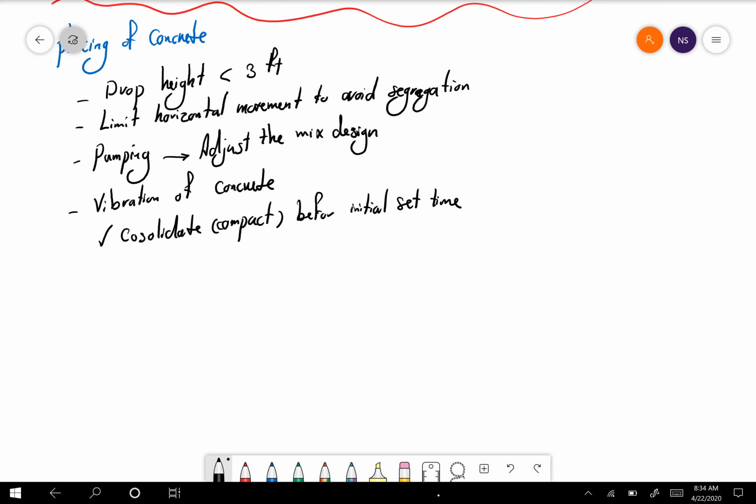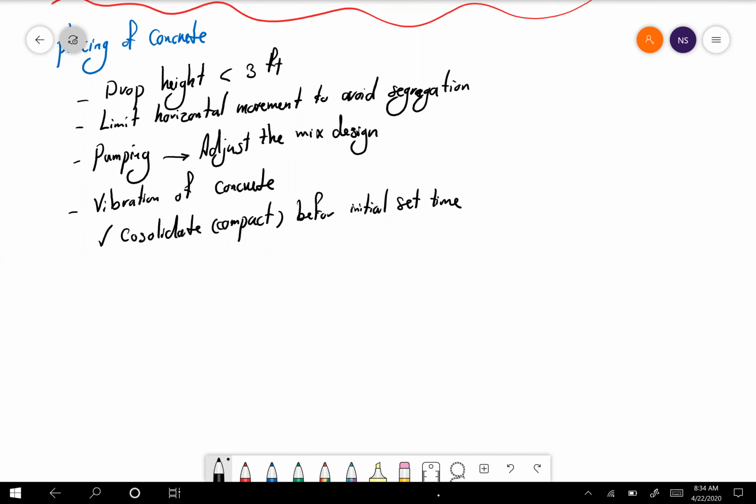So we have two times of setting: the initial set and the final set. The initial set is when the concrete starts to harden, but it has not reached a higher strength level, and it is still workable, but the workability is already reduced a lot.